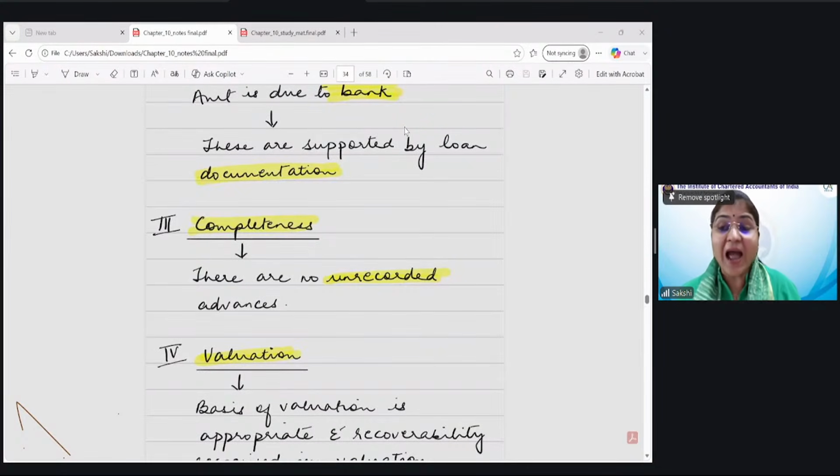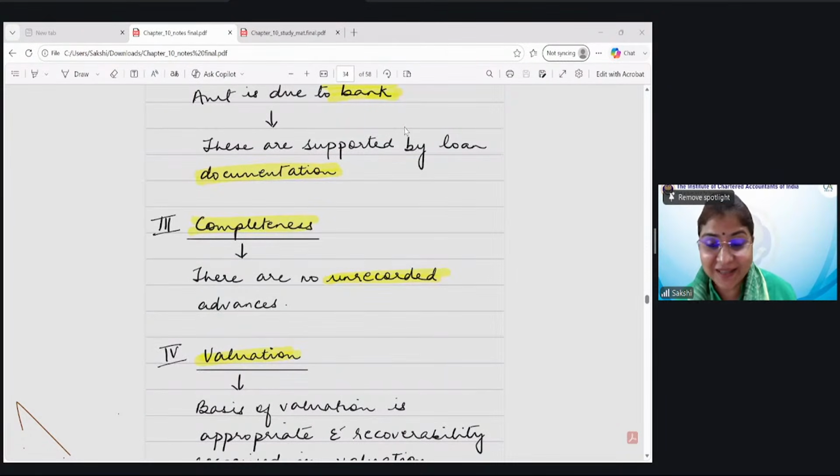Say the advances amount on the asset side of the balance sheet is rupees 40 cr, and the advance sheet says it is 50 cr. The total of the advance sheet comes to 50 cr and the balance sheet advances are shown at 40 cr. Now what will you say as an auditor? That the entire advances are not recorded.